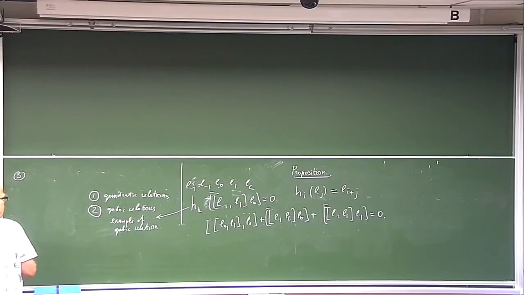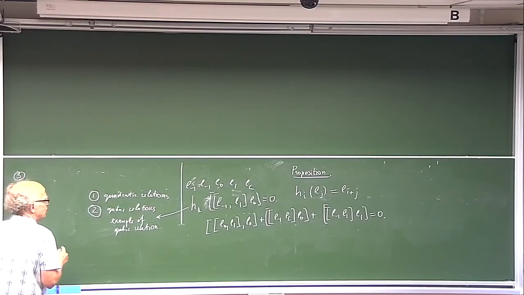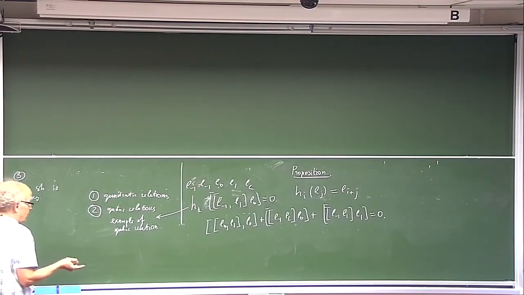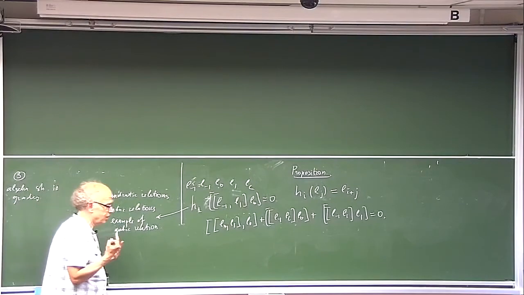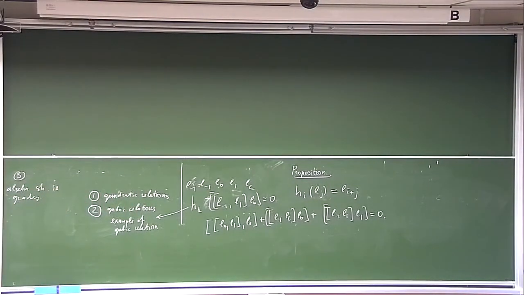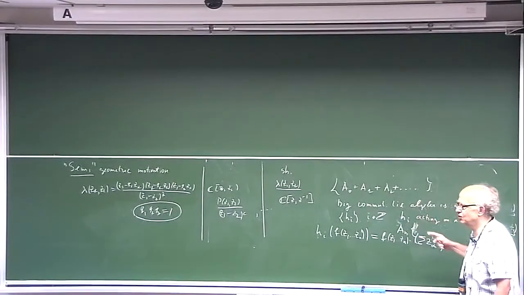I also want to formulate here point 3, that the shuffle algebra is graded. It has at least two gradings. One grading is like this, A0, A1, A2, and so on.